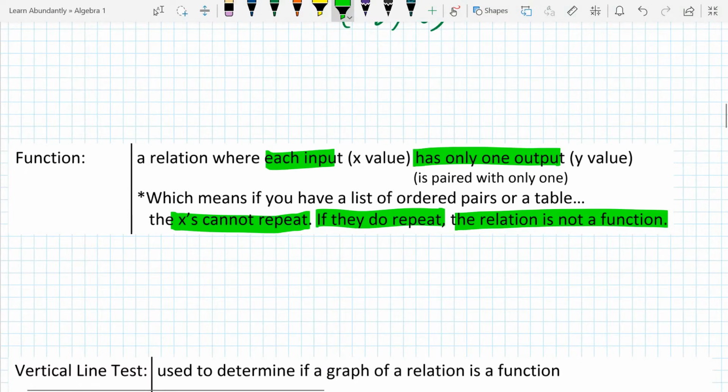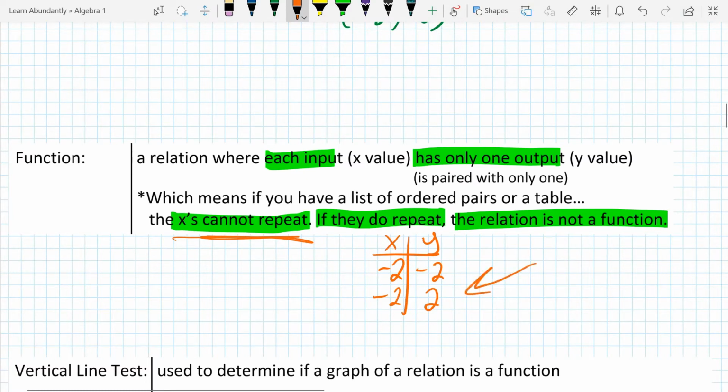And so if we look at our last example, when we had an x that was a negative 2, sometimes it gave me a negative 2, and sometimes it gave me a positive 2. And so the relation that we saw in our last example, the x's repeated. And when they repeated, they gave me 2 different answers.